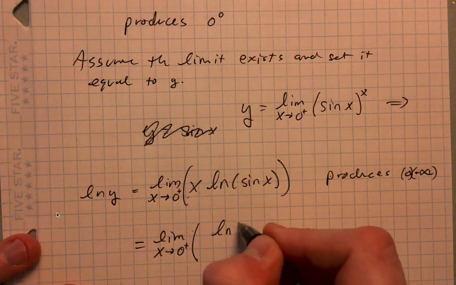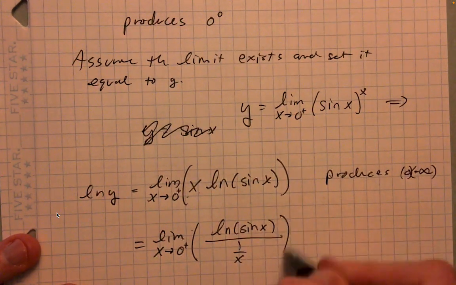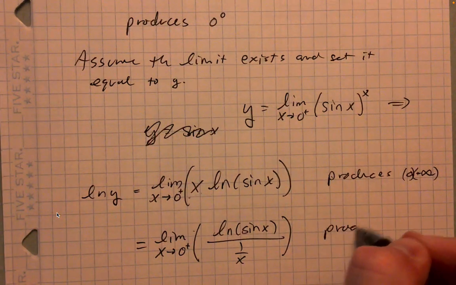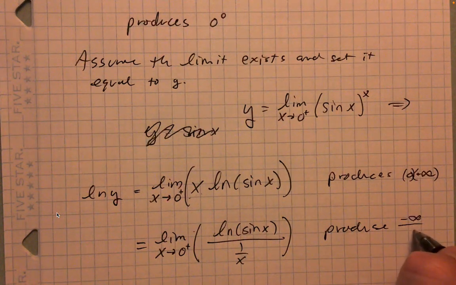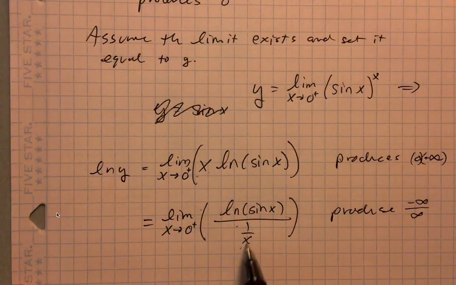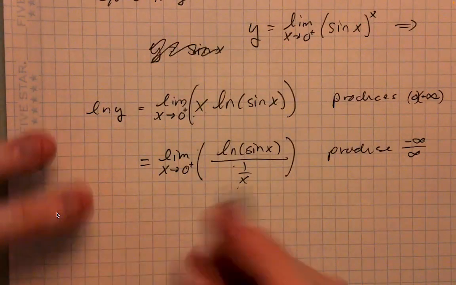So it'd be the natural log of sine x over 1 over x. And then this produces negative infinity over infinity. So 1 over x is going to infinity, and the natural log of sine x goes to negative infinity. Okay, so we can use L'Hopital's rule.